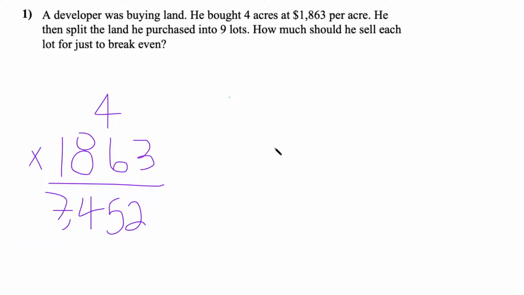So we're going to start with our $7,452, and then we are going to divide that by 9 because he wants to know how much he's going to sell each of these 9 lots for. So we have to divide it by 9.